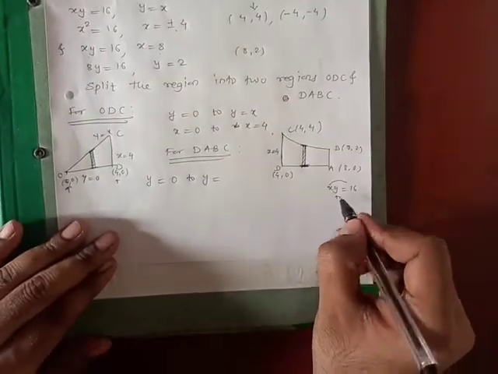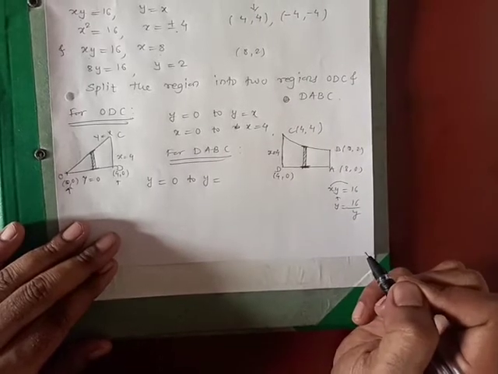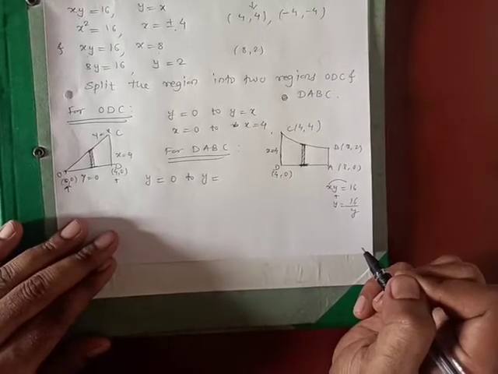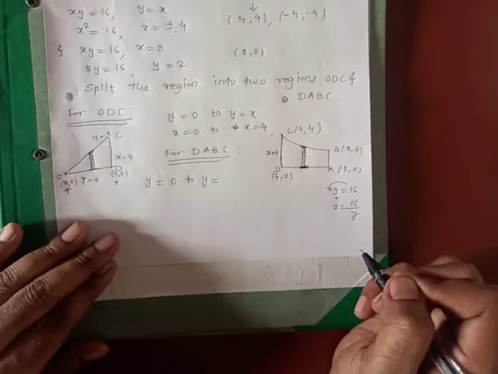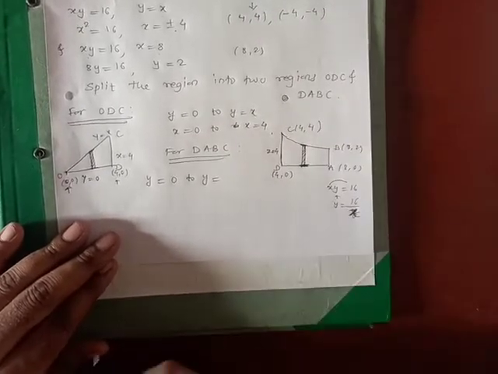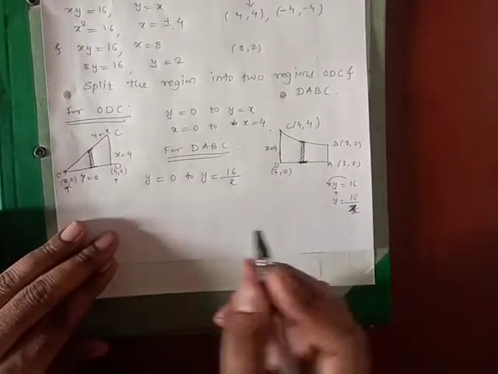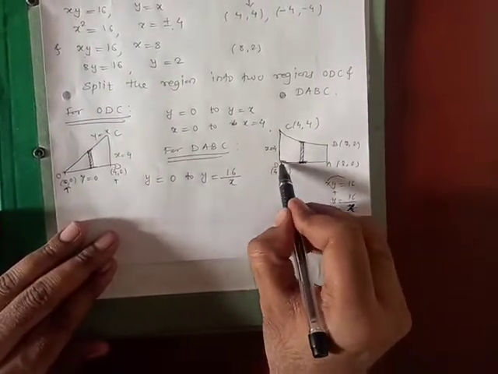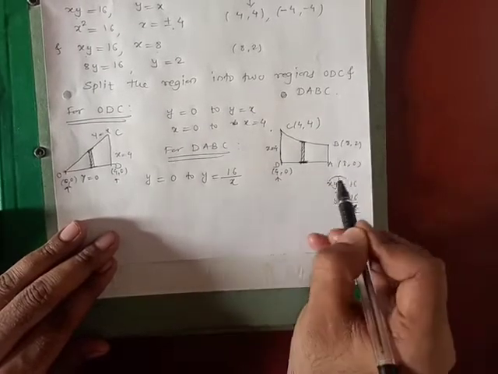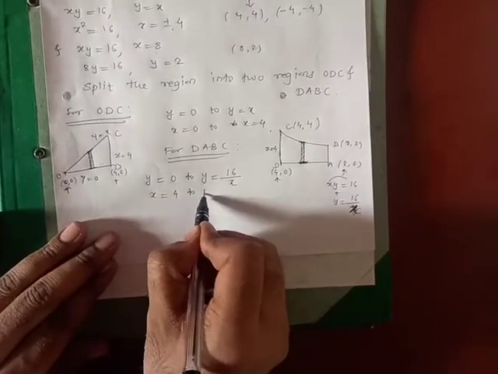So y will be 16 upon x. And therefore y will vary from 0 to 16 upon x. At the same time, x will vary from this point to this point. Here it is 4, here it is 8. Therefore x will vary from 4 to x is equal to 8.